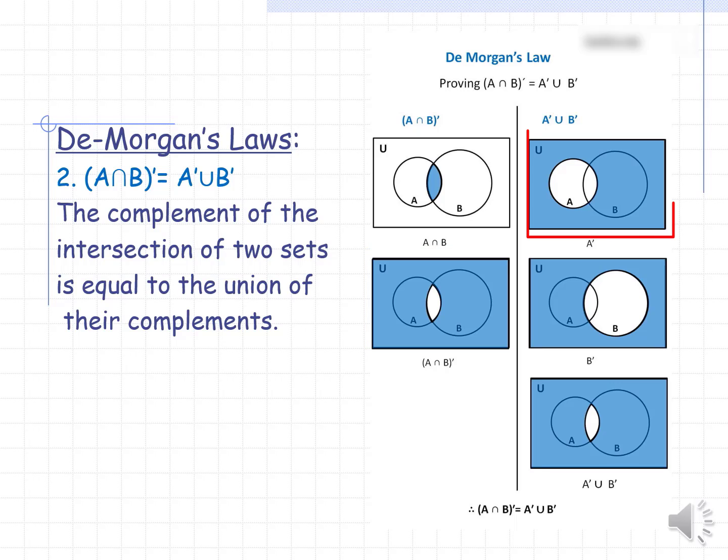On the right hand side, in the first diagram, the blue shaded region represents A complement. In the second diagram, the blue shaded area represents B complement. In the third diagram, the blue shaded area represents A complement union B complement. So we can easily see that in both figures the blue shaded areas are the same. Therefore, A intersection B complement is equal to A complement union B complement.